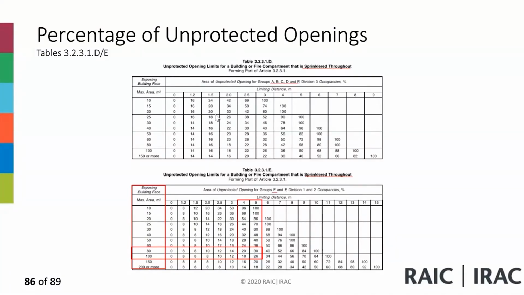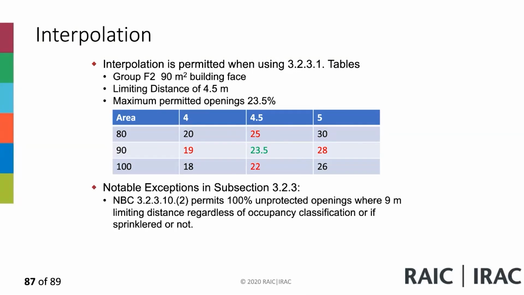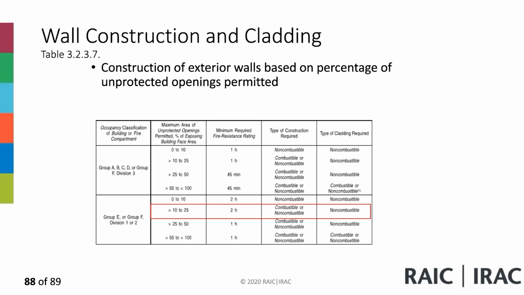So you may have small openings and large openings. The cumulative area on the exposing building face would be that maximum. Based on the maximum unprotected openings, you can go to table 3237. And based on table 3237, you can tell what is this maximum permitted area of unprotected openings.